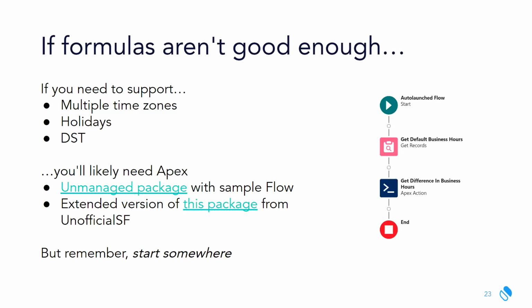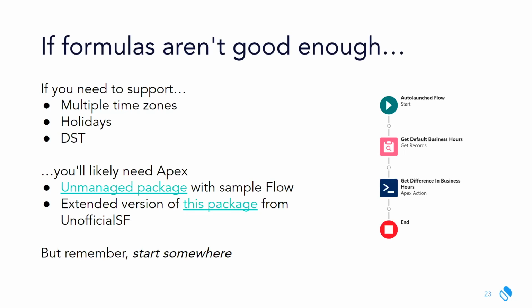And if those formulas that I showed a couple slides ago aren't good enough, some reasons that might be the case are if you need to support multiple time zones because you have one team in the United States and one in Europe, and your start time is drastically different. Or if you really want to be aware of holidays.